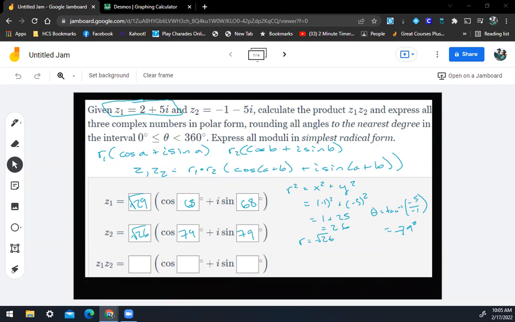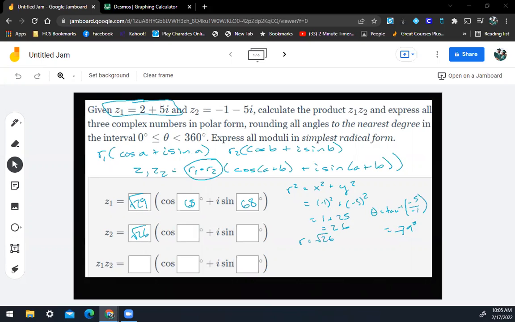Note, you're going to take R1 and R2 and multiply them together. Simple. So basically we're going to do 29. Oh, yes, you are absolutely right. Good catch. 79 is only the reference angle.